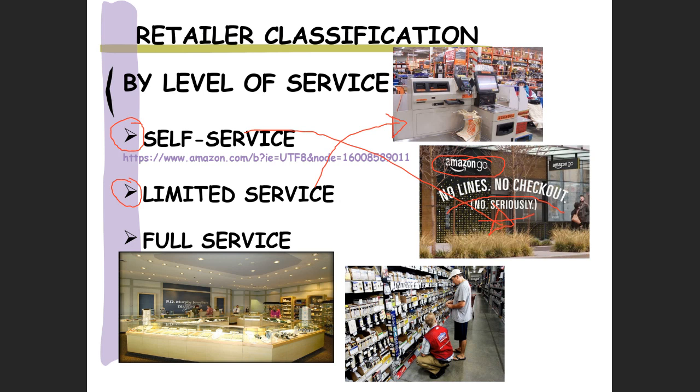So limited service, self-service, and then you have full service. This is also limited service, but full service is over here. So what store is this, Sandra? I can't see the red.